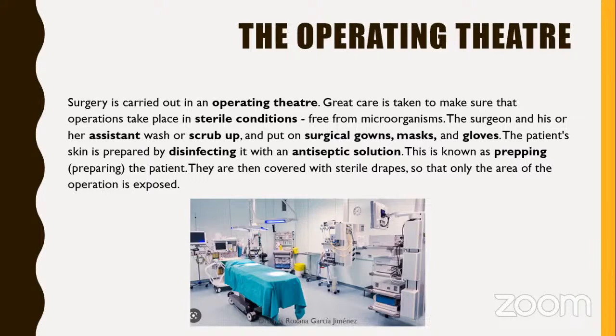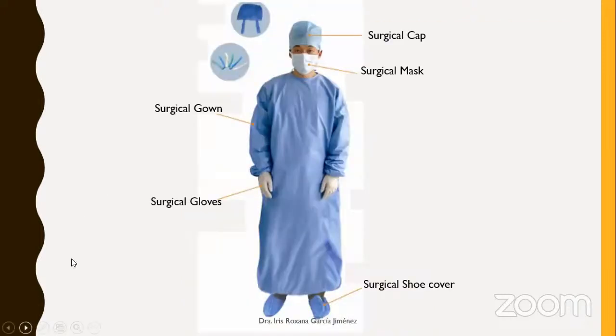So, taking this information into account, check again the vocabulary in black and practice the words. Let's go ahead. In this picture, we can see a surgeon with all the clothing, with the complete scrub, in order to get ready to enter the operating room, prepare the patient and start the operation, right?